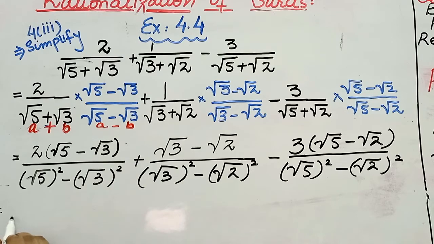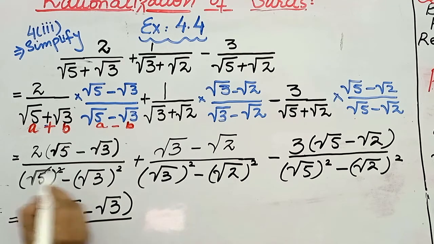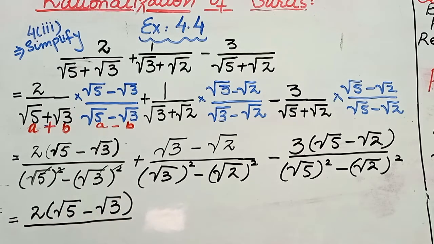Now what will come? 2 into under root 5 minus under root 3, divided by, this is cancelled, so 5 minus 3, that is 2. And 2 is cancelled with 2.